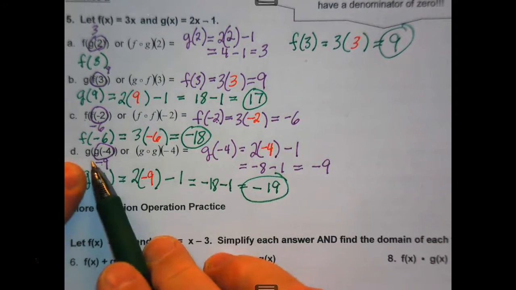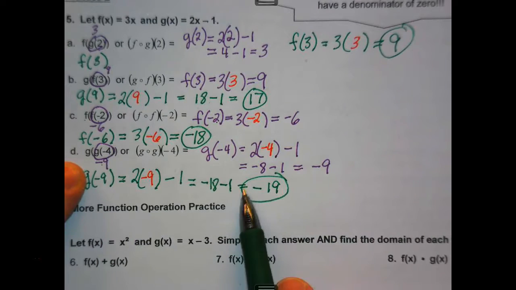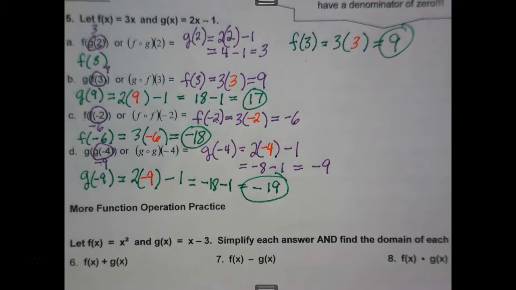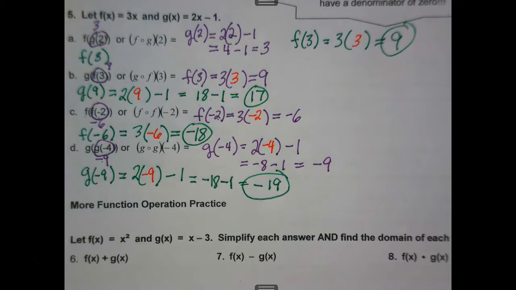So the g of g of negative 4 equals negative 19. Questions, comments, concerns?